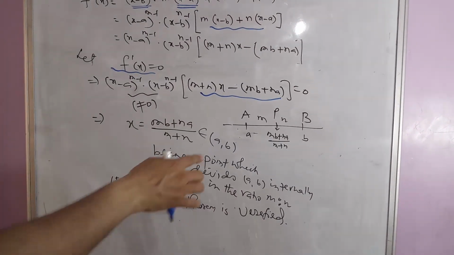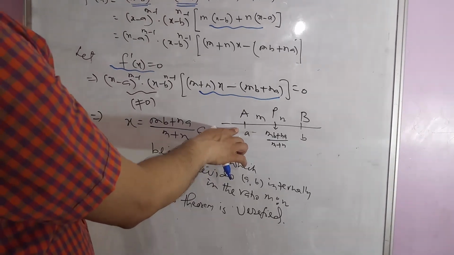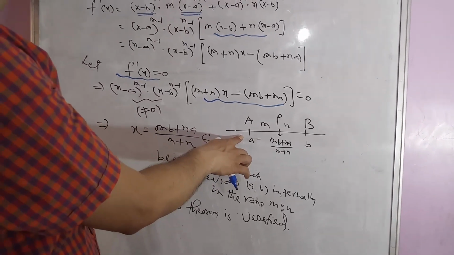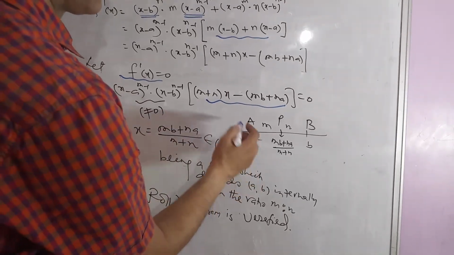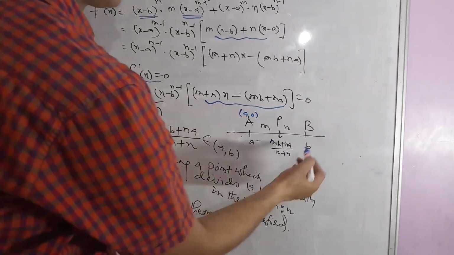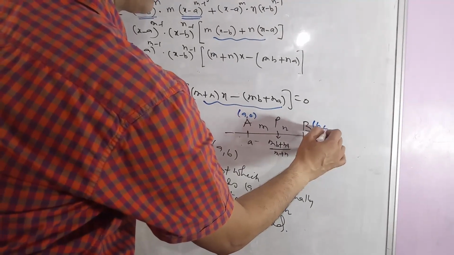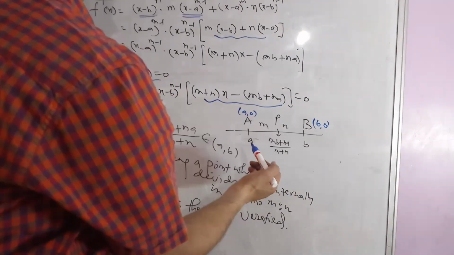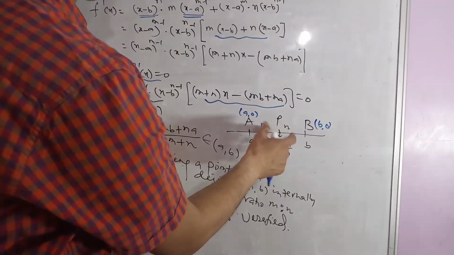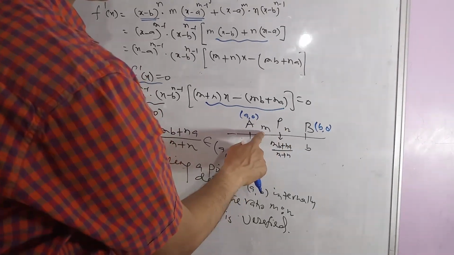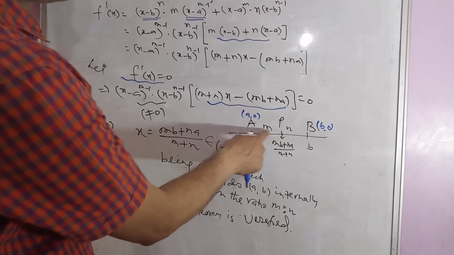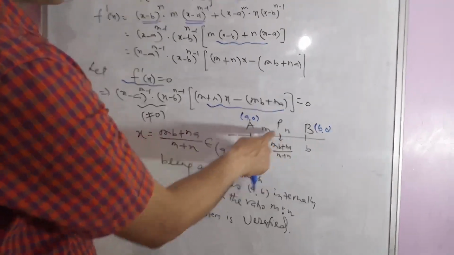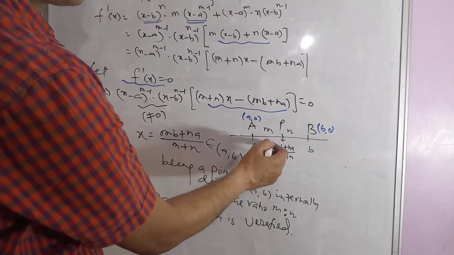We know the internal division formula from coordinate geometry. A is a point having coordinates (a, 0), B is a point with coordinates (b, 0), and P is a point which divides this line segment AB internally in the ratio m is to n. Then the coordinate of P will be (mb plus na) divided by (m plus n).